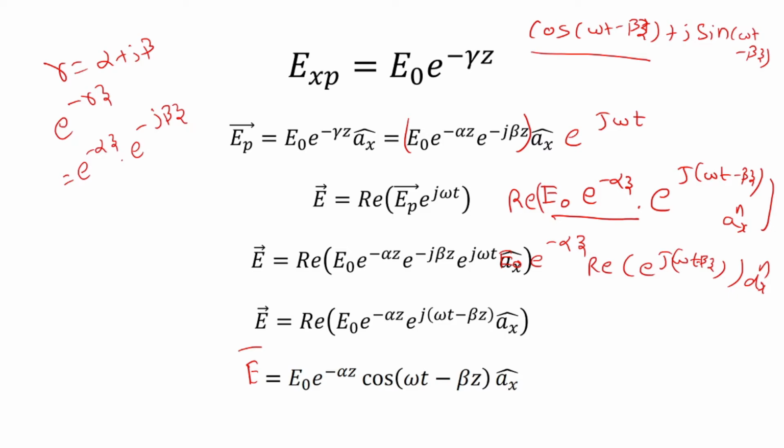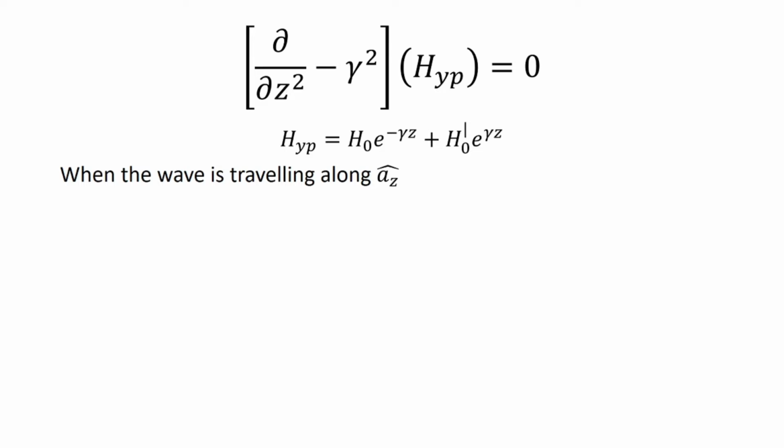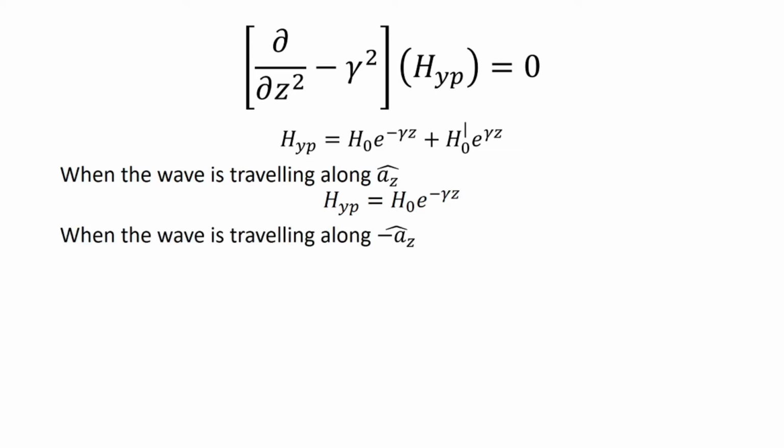Similarly, if I do the same analysis for magnetic field intensity, I would get that d squared Hys by dz squared minus gamma squared Hys is equal to 0. Therefore, Hys would be equal to H naught exponential of minus gamma z or H naught dash exponential of gamma z. Again, if the wave is traveling along az cap, then Hys would be H naught exponential of minus gamma z, and if the wave is traveling along minus az cap, it would be H naught prime exponential of gamma z.